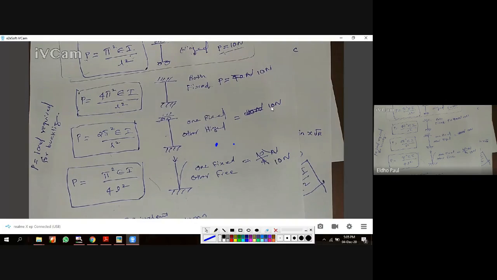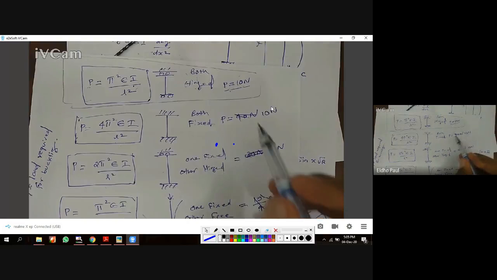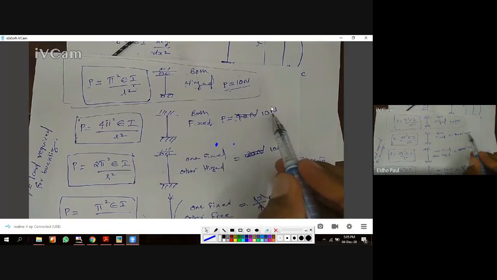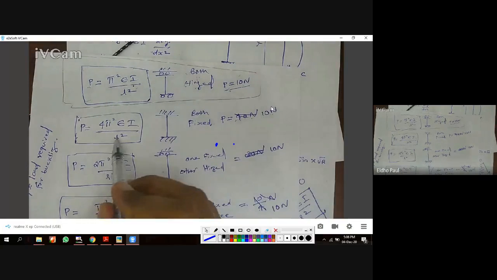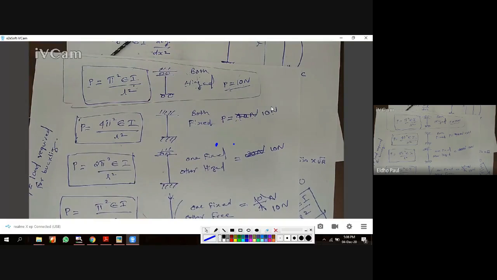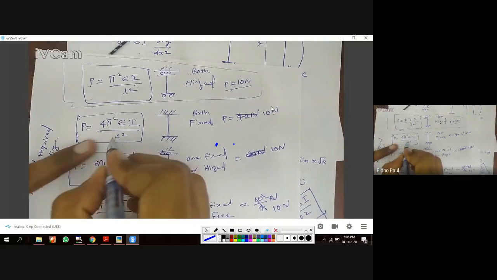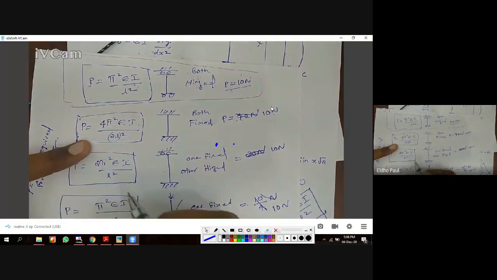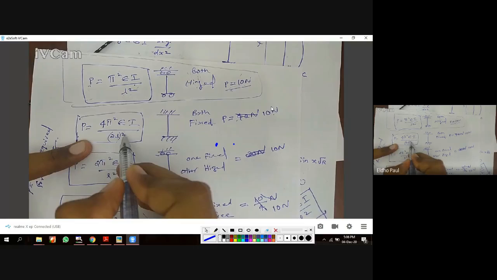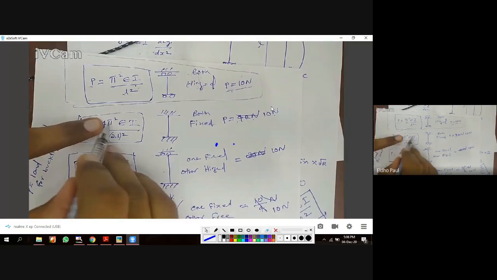Actually it is 40 Newton. To reduce it to 10 Newton, this length will change. It should increase by 2 times. If this length is increased by 2 times, what happens? 2L square, 2 square is equal to 4, 4 cancels out, and pi square EI by L square comes.